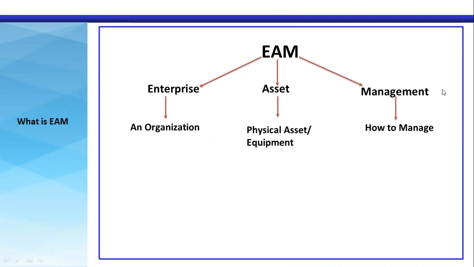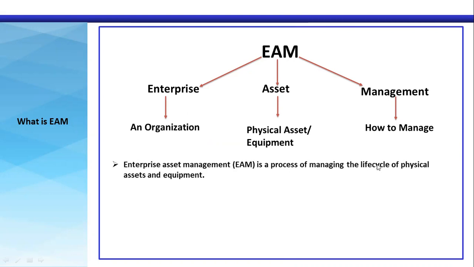Each and every asset has its own life cycle. So EAM is the process of managing the life cycle of a physical asset or equipment to maximize its lifetime, reduce cost, and improve quality. Asset management is a process of managing the physical asset and its life cycle.